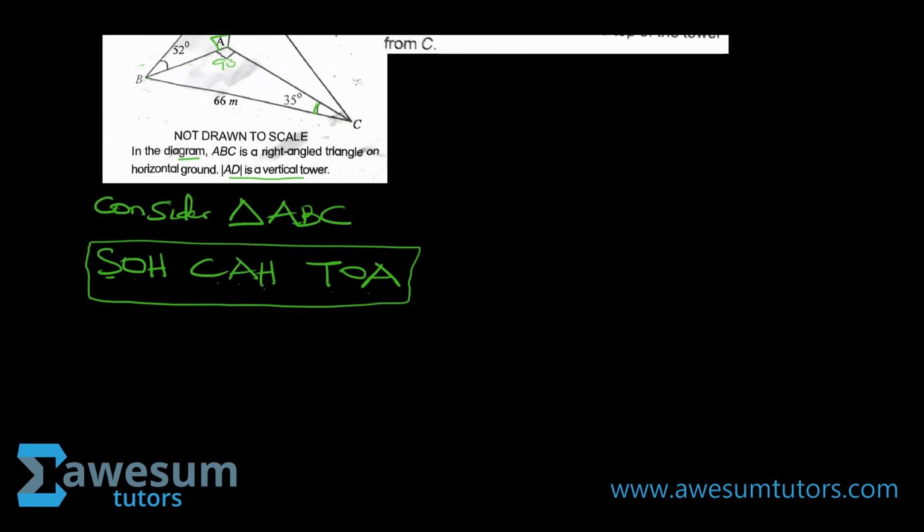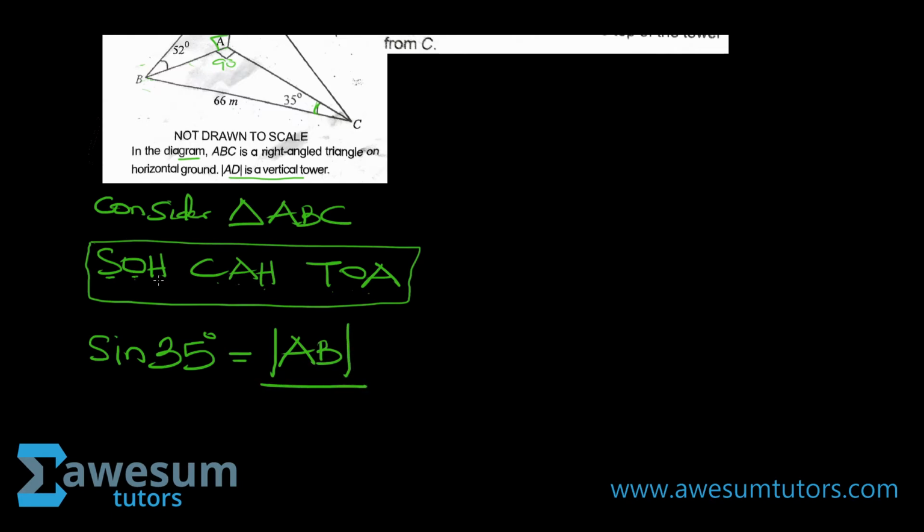It's going to be sine, because sine of an angle is opposite over hypotenuse. So I'll have sine of 35 degrees equals opposite, and the side the angle is facing is the opposite, so that is line AB.